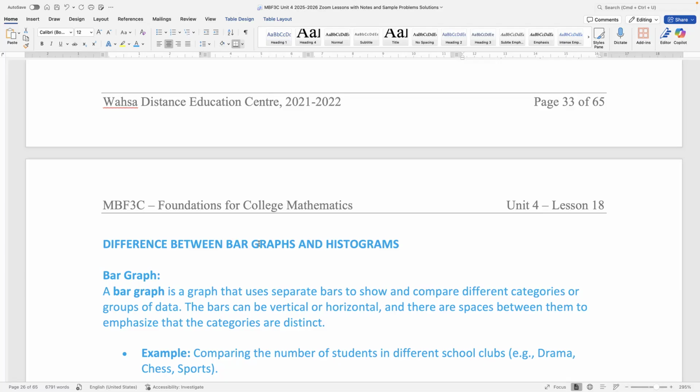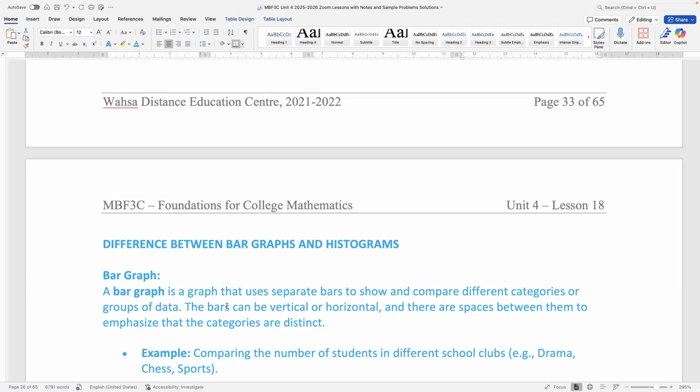So, for example, we could be talking about different sports. So, hockey, baseball, football, tennis, soccer. Okay, each one of those is a distinct sport. They're different, they're not the same. Okay, so that's when we use a bar graph, and then the vertical axis would be a scale, a number scale representing the number of people enrolled in each sport at a specific school, for example.